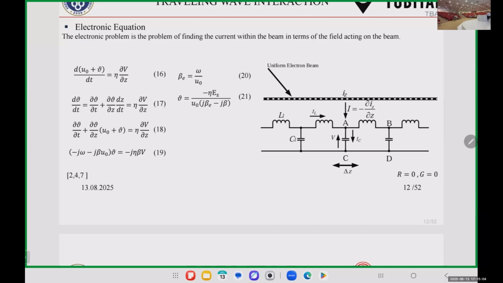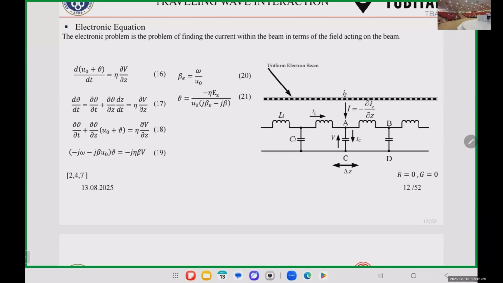So we have the average velocity of the electron. Here we have equation 18. We can write this in phasor notation, so we can obtain equation 19 here.